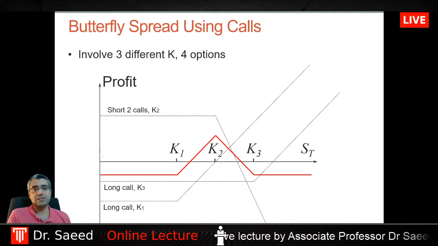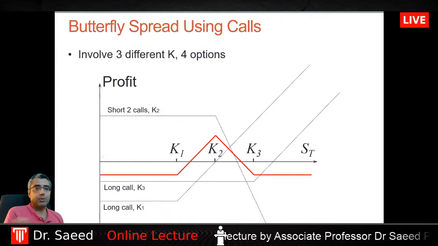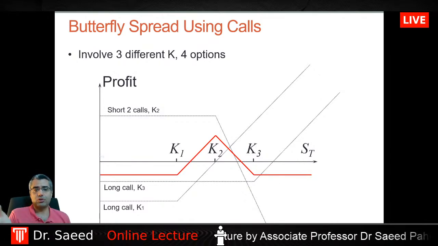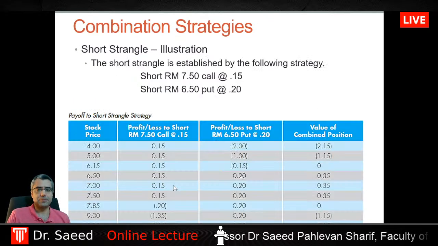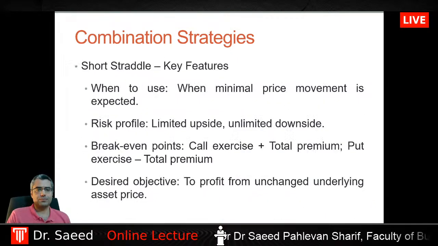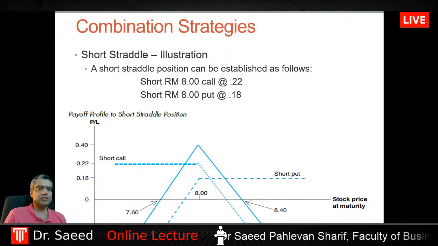There are other strategies in the slides, like butterfly spread using calls, or there can be many types of butterfly. For example, here, when will you use this? When you believe the price will be at this level, and you want to limit your loss. So what's the difference between this and this one, the short straddle?